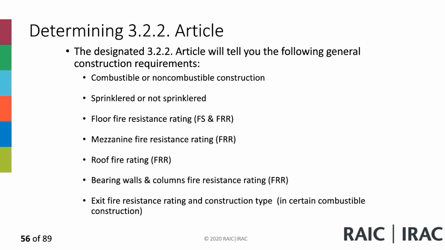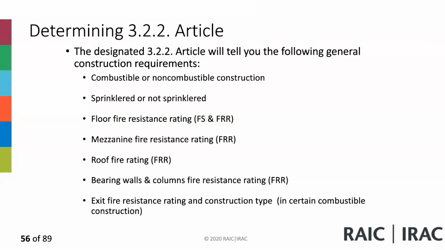Article 3.2.2 will tell you the following general construction requirements: combustible or non-combustible construction, sprinklered or non-sprinklered, what the floor fire resistance ratings are, the mezzanine fire resistance ratings, and the roof fire rating, as well as the fire resistance rating of bearing walls and columns.